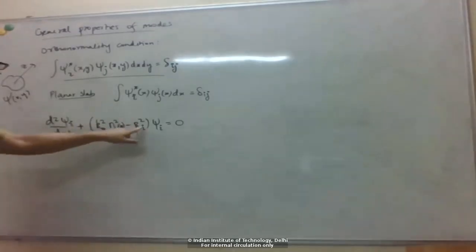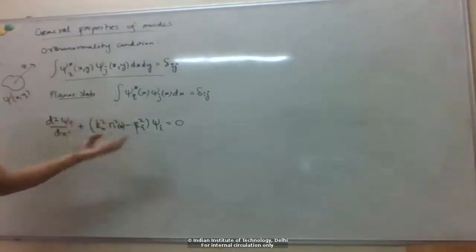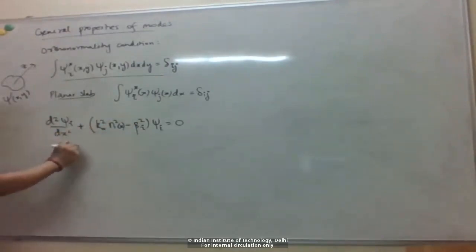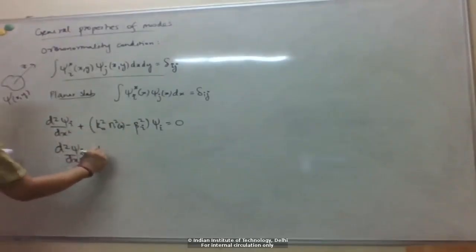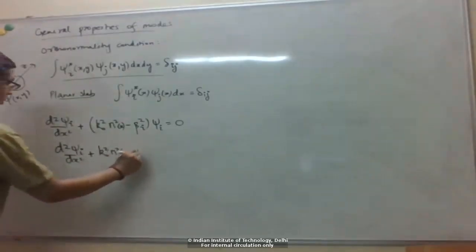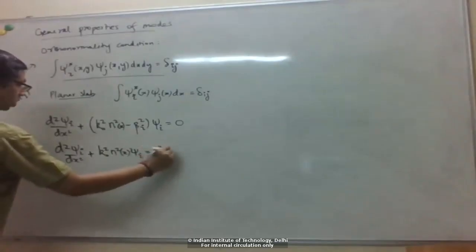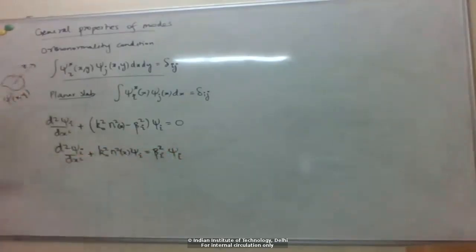And basically the solution beta i for the ith mode gave us the properties of the ith mode, right? So basically this is an eigenvalue equation. If you write it like this, this looks like the Schrodinger equation for quantum mechanics, right?